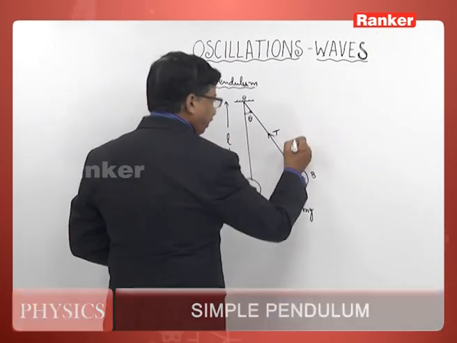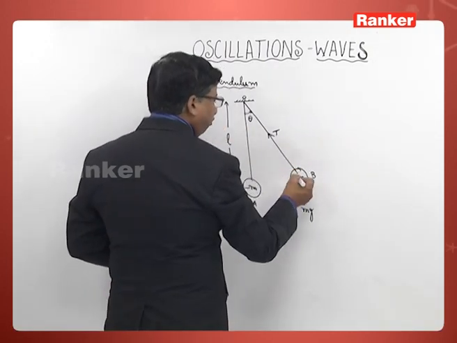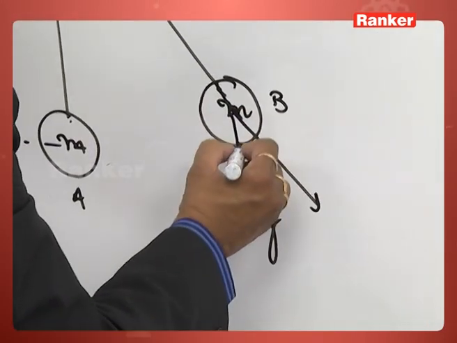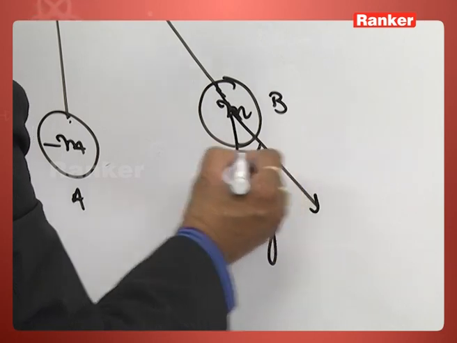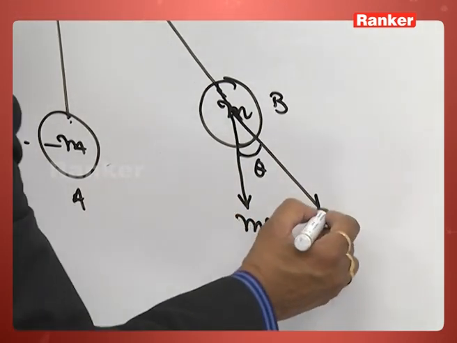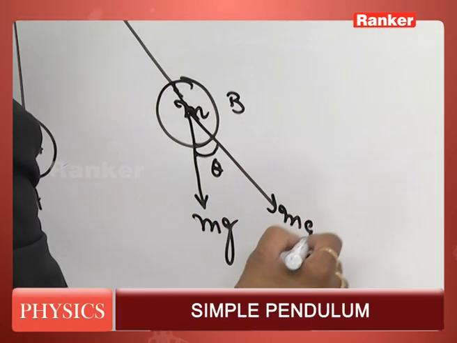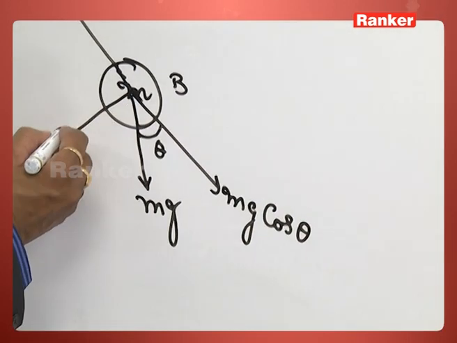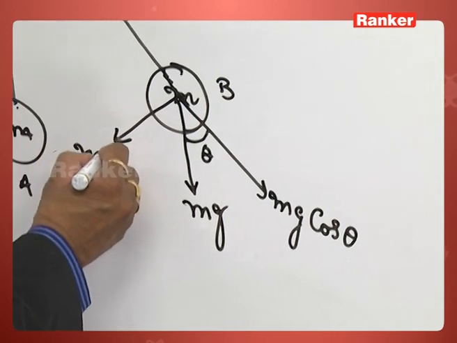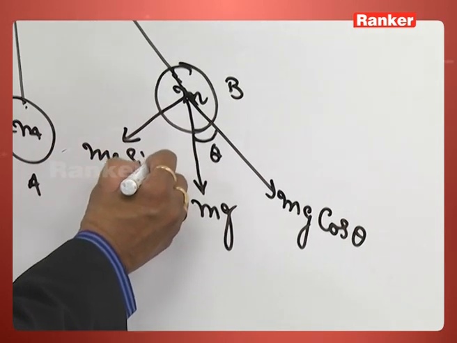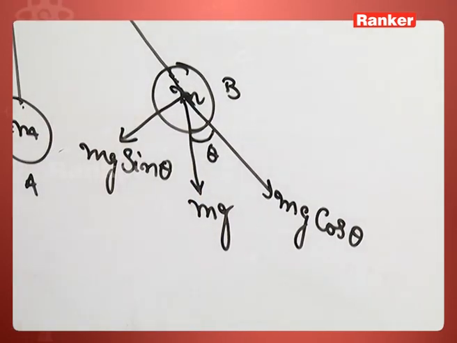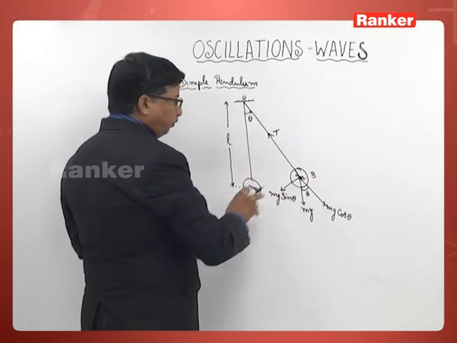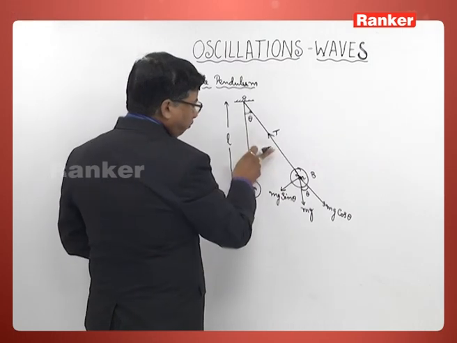When this angle is theta, I can write the components of this weight by considering this angle again as theta. We now get mg cos theta as the component of weight along this direction, and along this direction the component becomes mg sin theta.